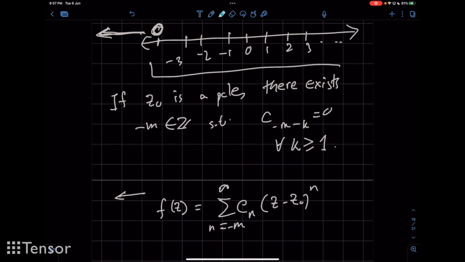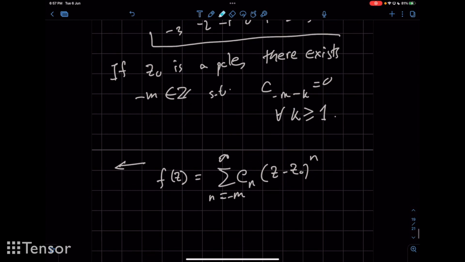Also, we can basically factor out (z minus z naught) to the power negative m here, right?